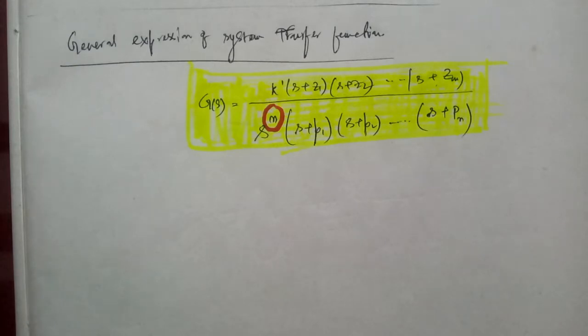If N is equal to 1, then type 1, and if N is equal to 2, then type 2 system. For these systems we consider the steady state error and find the steady state errors, because for any higher type of system, we can get them from these expressions.